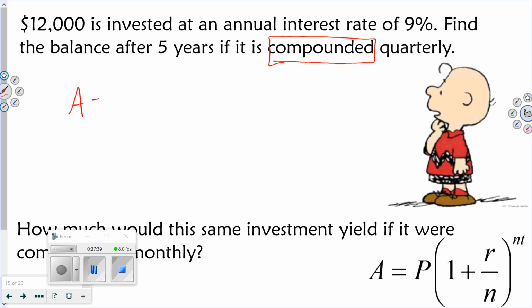So A equals, the P is the initial amount, so $12,000, times 1 plus, what is my rate? 0.09 over n, quarterly, which means 4. And then it's n times t, so 4 times my time, 5 years.